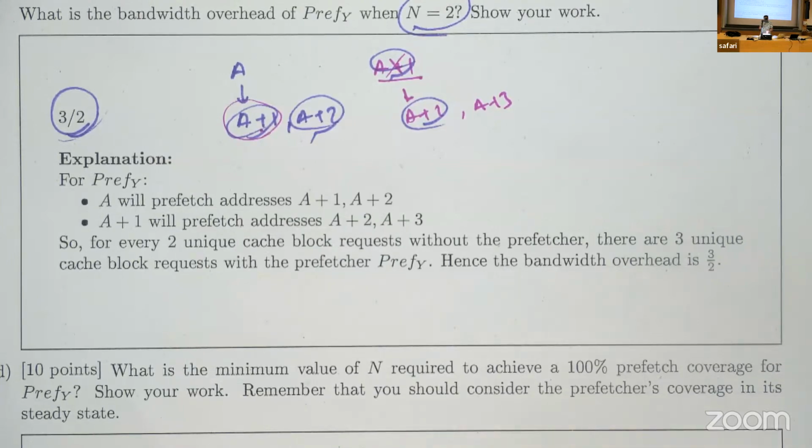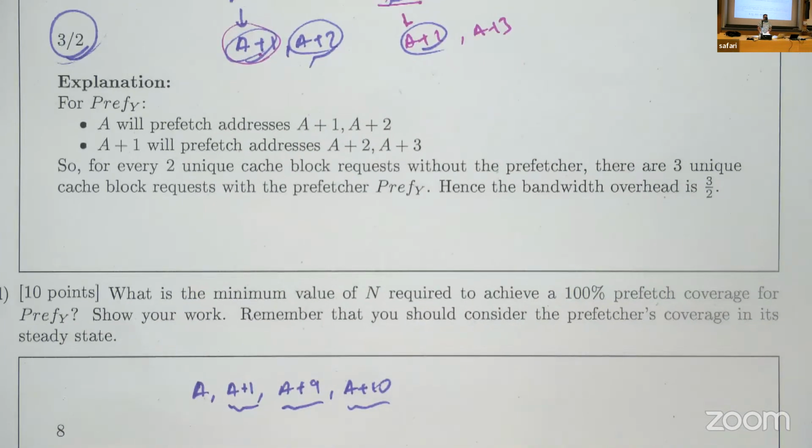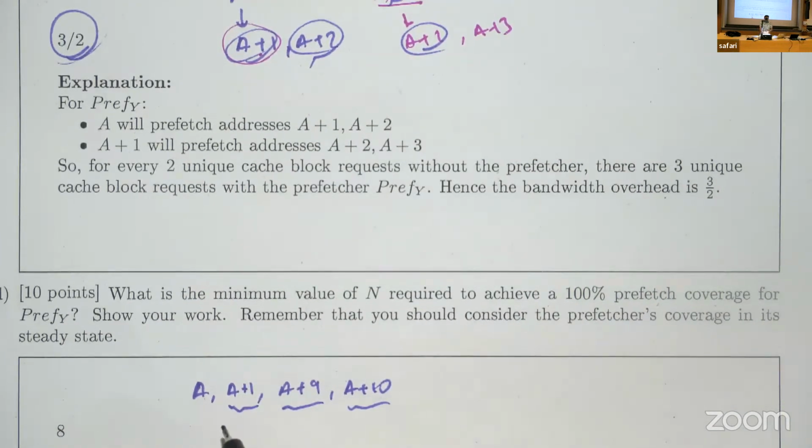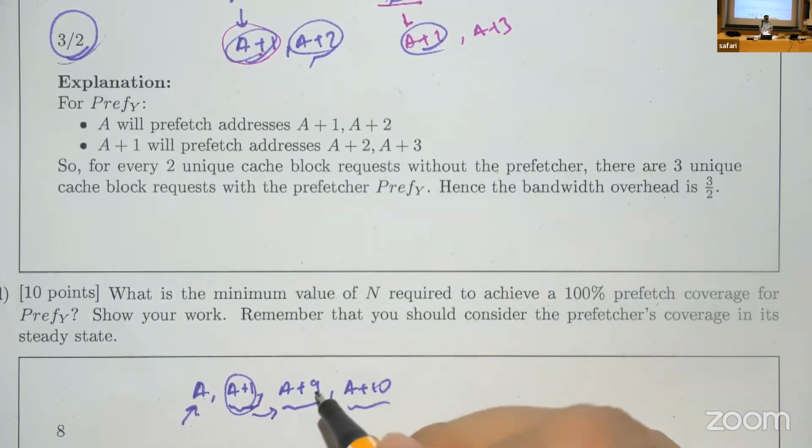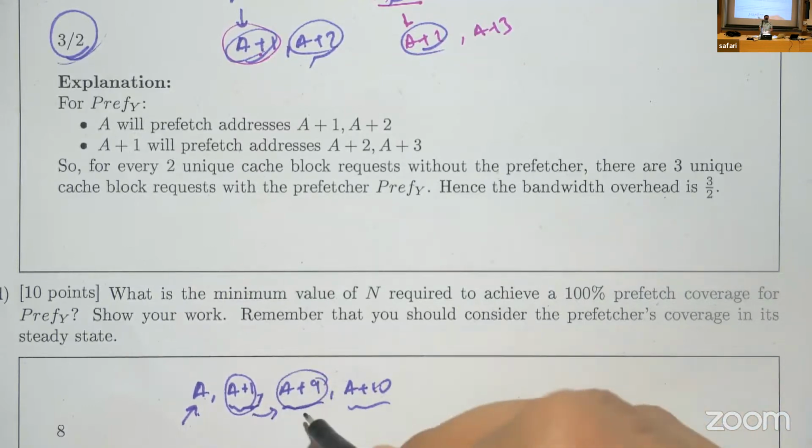I want to have a prefetcher that will successfully prefetch all of these. So when I access A, I want to prefetch A plus 1. And when A plus 1 is accessed, we also assume it's accessed from cache, so it's basically a memory access. I will prefetch A plus 9 as well.